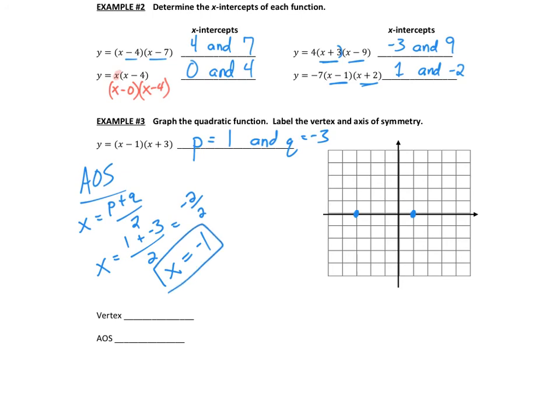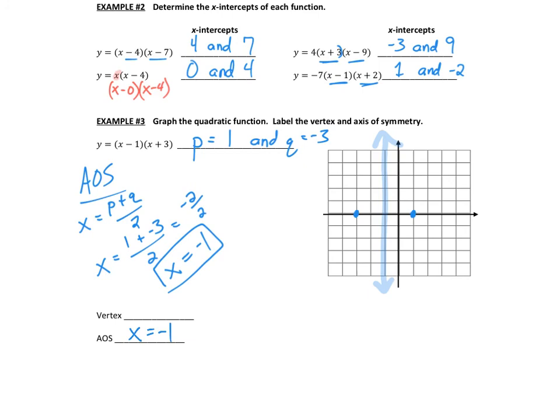That is the axis of symmetry. If we graph that, x equals -1 is a vertical line at -1. So it'll look like this. So axis of symmetry is x equals -1.